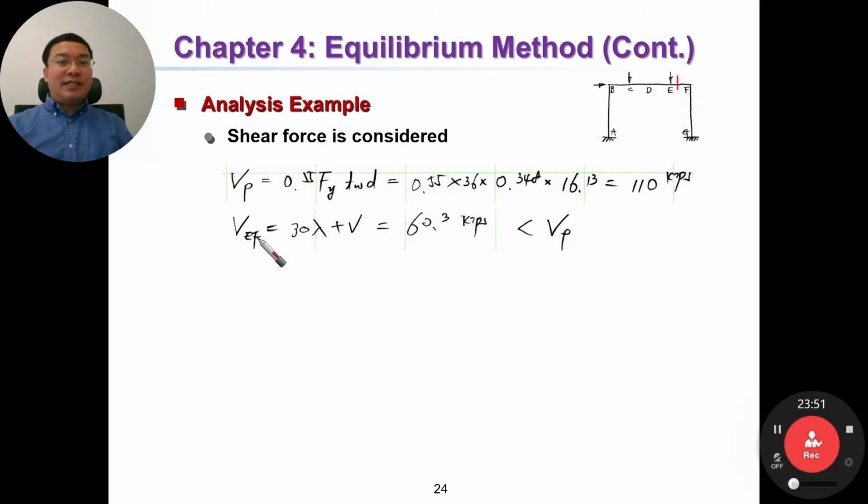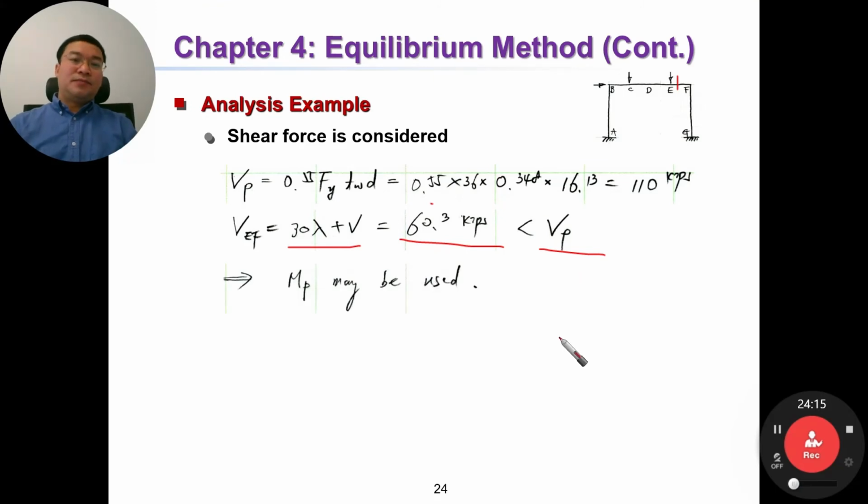Then Vu equal to this, okay, and equal to this one. And we found that the applied shear force is smaller than Vp, then it is okay. Then Mp may be used.